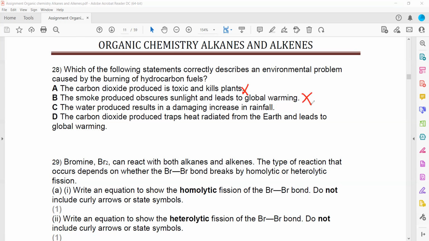No, that's called global dimming, because it does not allow the amount of sunlight to enter. The smoke is not responsible for carbon dioxide. Water produced results in damaging increase in rainfall. That's not 100% correct. Carbon dioxide traps the heat, so that is responsible for global warming.